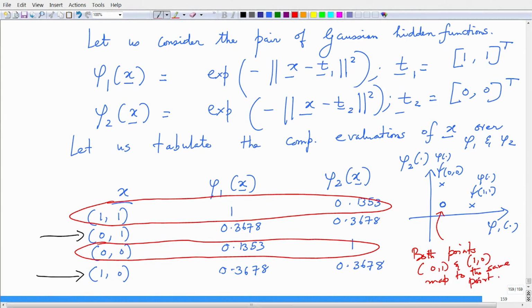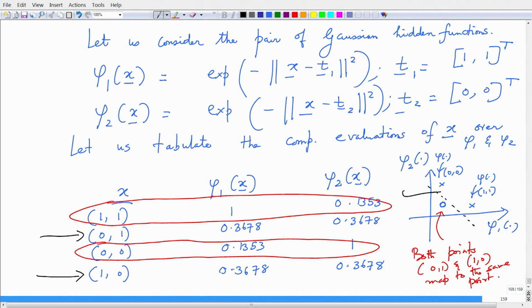Now if you observe this coordinate system and see the points through this transformation, clearly we can have a line that can separate these points, which means using this nonlinear transformation, in this case using these Gaussian hidden functions, we are able to transform the points in the original coordinate system to points in the feature space that are linearly separable.